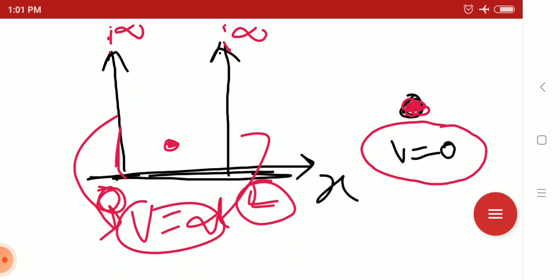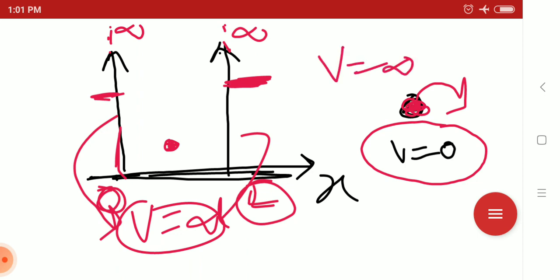That means a free particle that was moving here and there had potential V equals 0. But you draw an infinite potential well to trap the particle, and the particle is now trapped in the infinite potential well. So why is it called infinite? Because here the wall potential is infinite.